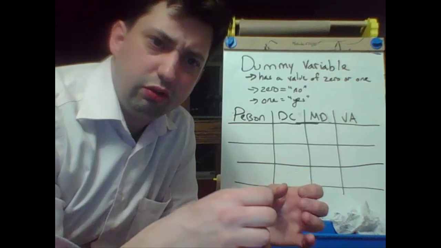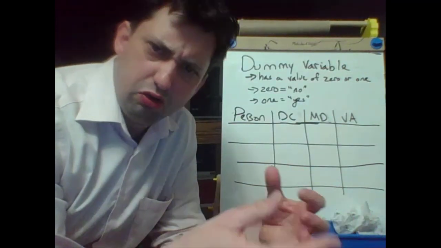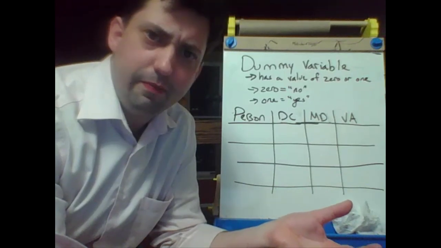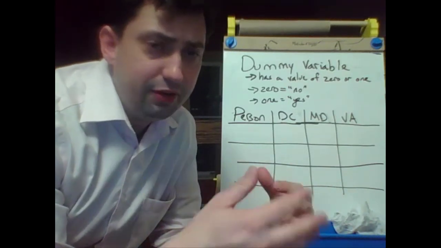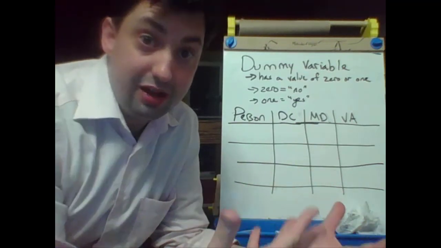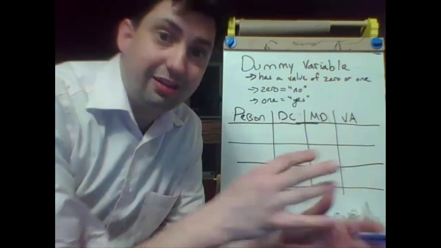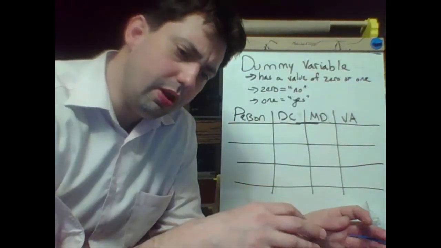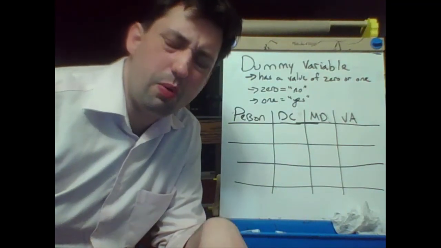Like 3 is larger than 1, but red is not larger than green. Doesn't make sense. We don't have that problem when we talk about numeric values. Obviously $50,000 a year is bigger than $20,000 a year, and not only bigger, but more than twice as big, right? It makes sense to apply numbers there. But for categorical data, it doesn't really, not in that way.